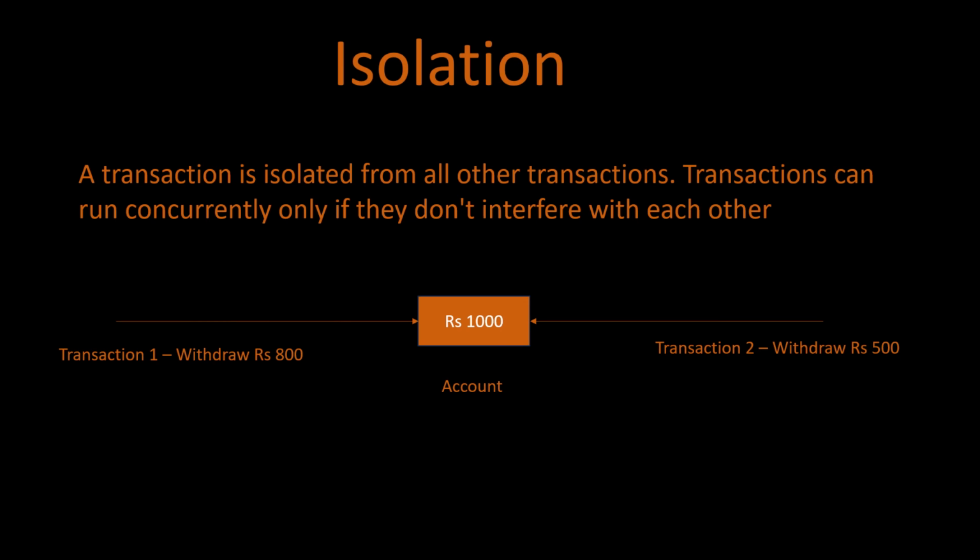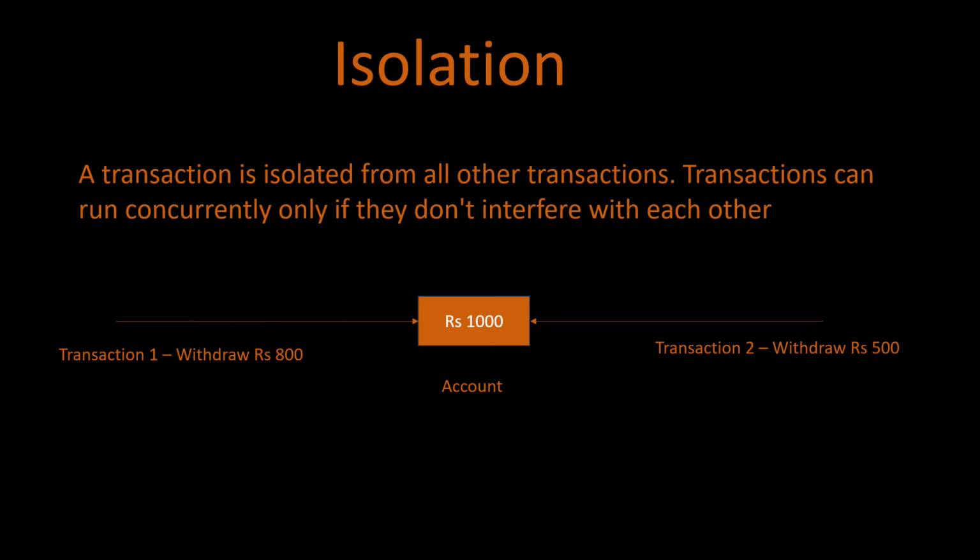If both transactions are performed at the same time, it's not going to be consistent, because if you withdraw rupees 100 first, then the second transaction cannot be performed because it is asking for more than what is left.